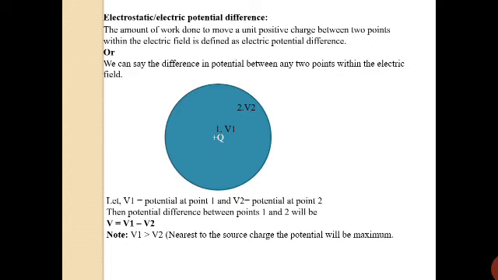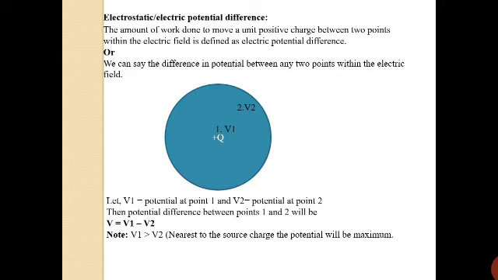If we say V1 is the potential at point 1 and V2 is potential at point 2, so potential difference will be V1 minus V2. Here V1 will be greater and V2 will be smaller. Why? Because if you move very close to the main charge, then more work is to be done, and if you are quite at distance from the main charge, then less work will be done.